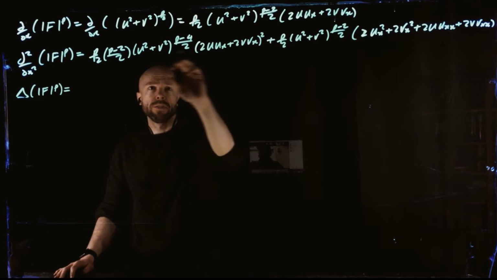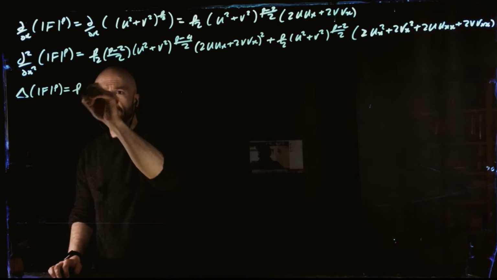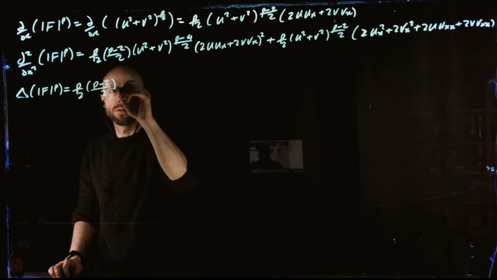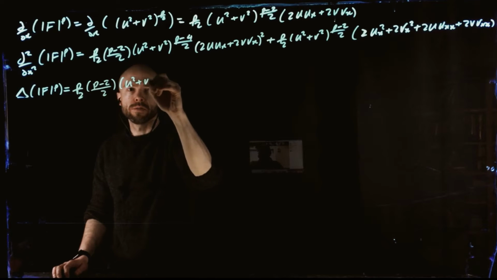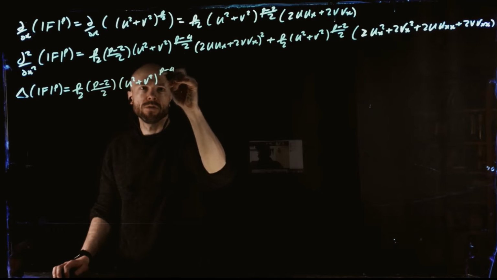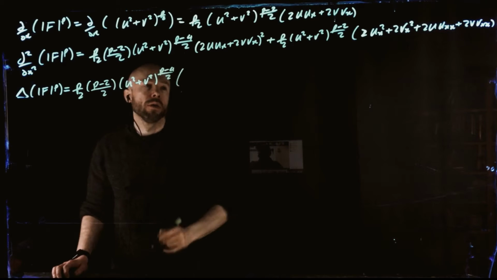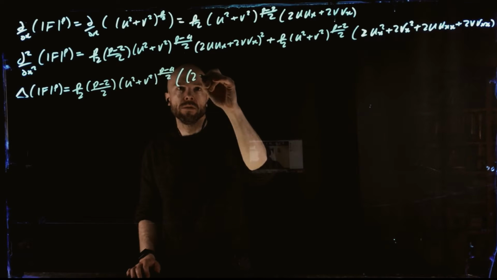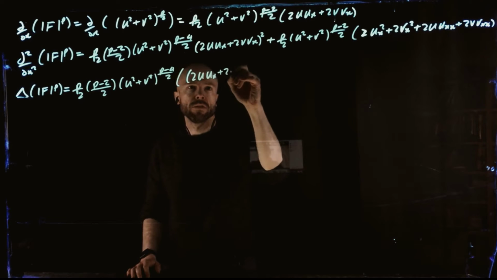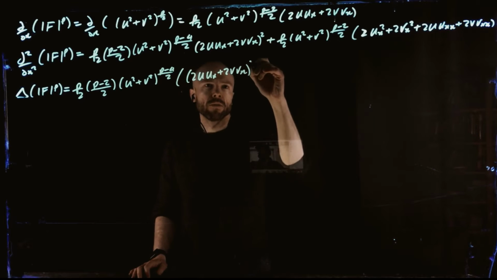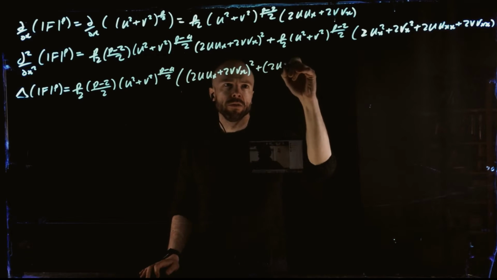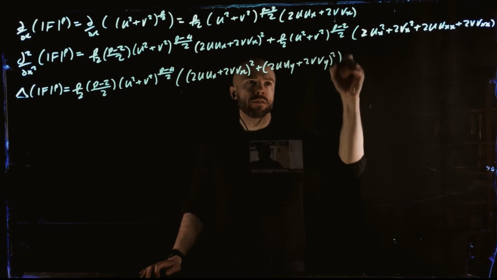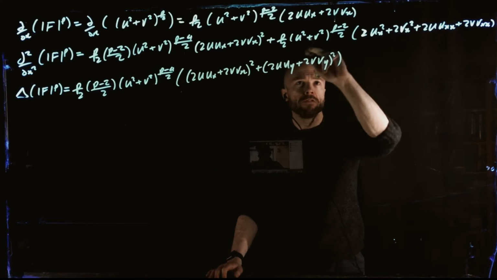We're going to have this kind of term at the front, p over 2, p minus 2 over 2, and then u squared plus v squared to the p minus 4 over 2, and then this kind of thing, 2u of x plus 2v of x squared, but now we also have 2u of y plus 2v of y squared, right? And then contributions from that stuff.